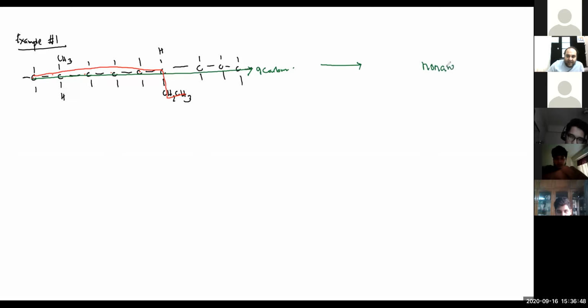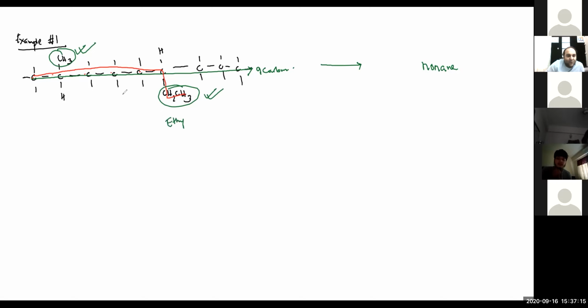And how many side chains does it have? If you take the green line as your primary carbon chain, or the parent chain, then what side chains do you have? You have this and you have this. So you have an ethyl and you have a methyl. So this is suspense till we learn the third rule.